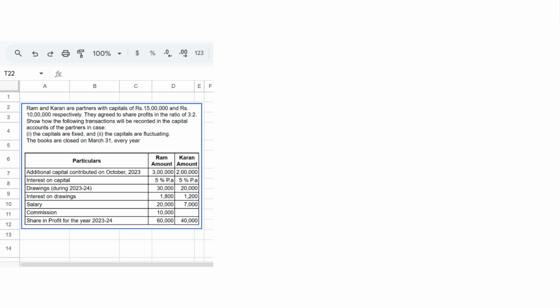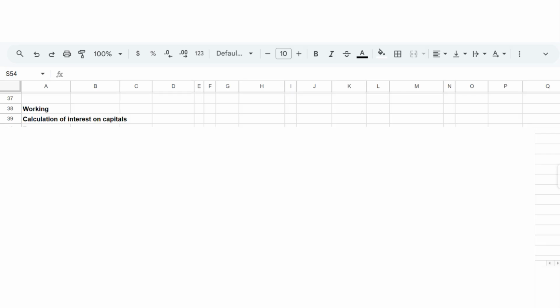Now let's solve it. First, let's calculate the working. That is calculation of interest on capital. The capital of Ram is 15 lakh rupees. Interest on capital is 5%. So 15 lakh into 5%, that is 75,000 rupees. And later on, Ram contributed 3 lakh rupees in October.